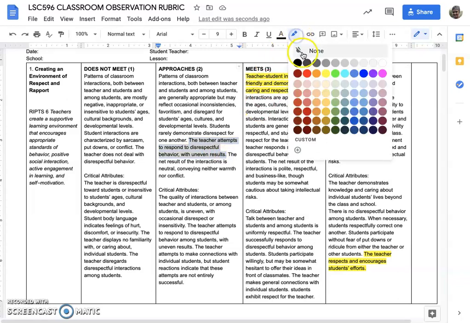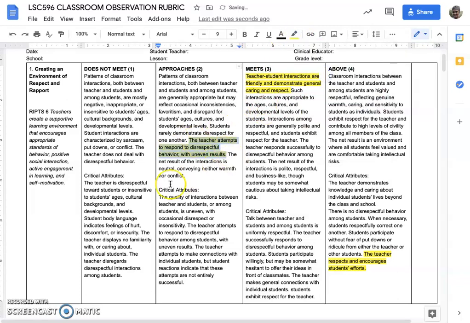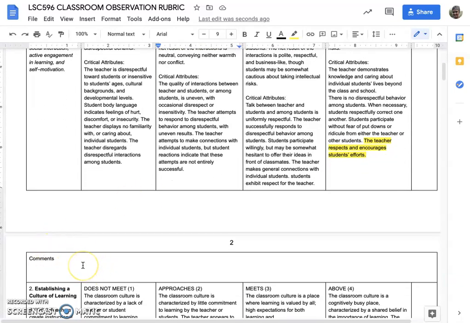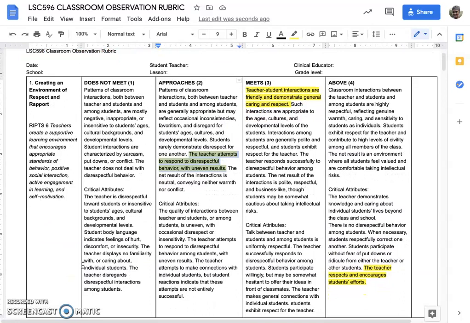So technically, your performance could hit more than one competency level, because it's just hard to be perfect. And so that's what I do. And I'll put some comments for what I saw and why and how you can improve.